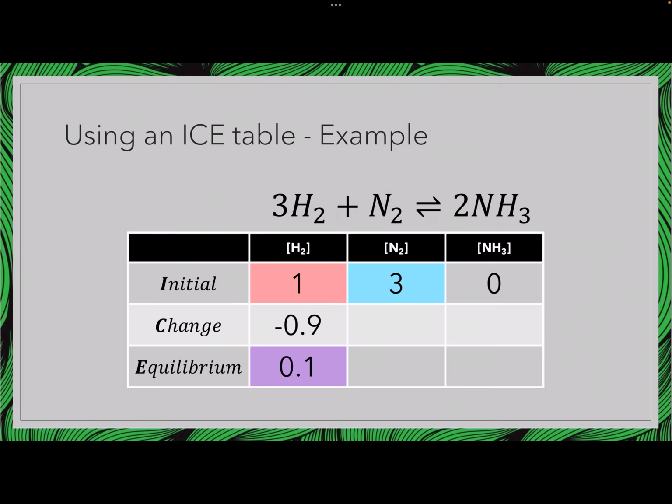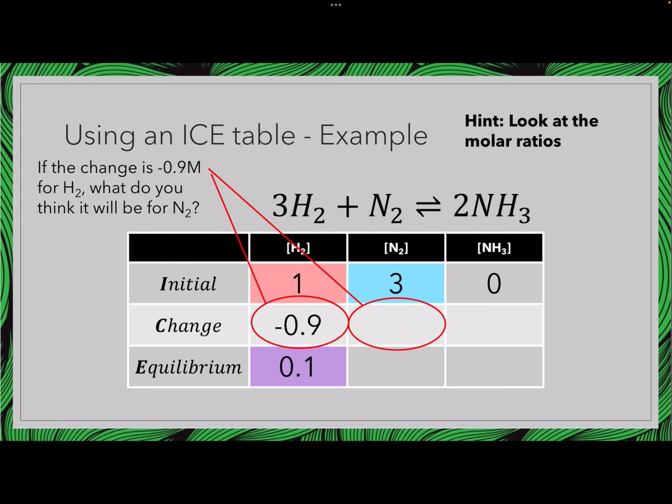Now that we've got one of the changes, we can use that to calculate all the changes, which should be in a ratio that's the same as the stoichiometric ratio of the reaction. So if we lose 0.9 moles per liter of hydrogen, how much nitrogen and ammonia are we going to lose or gain? Well, if we use 0.9 moles of hydrogen, it stands to reason that we will also lose 0.3 moles of nitrogen.